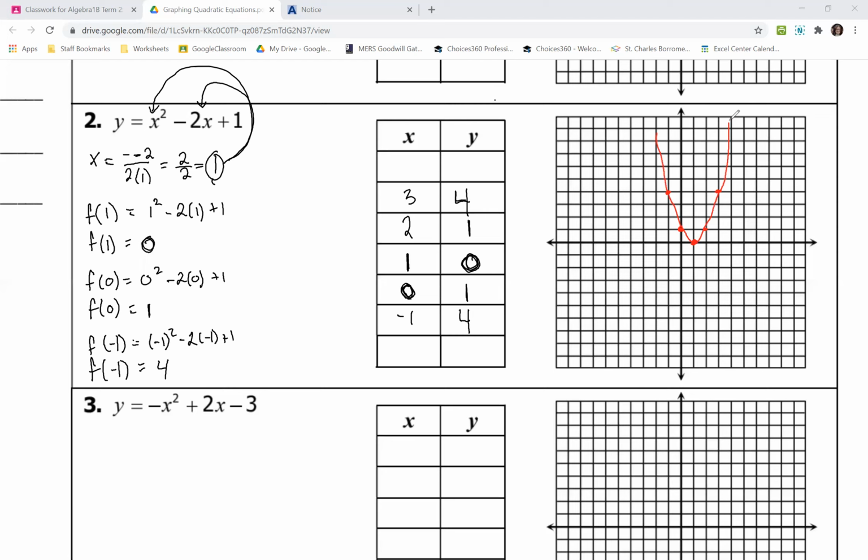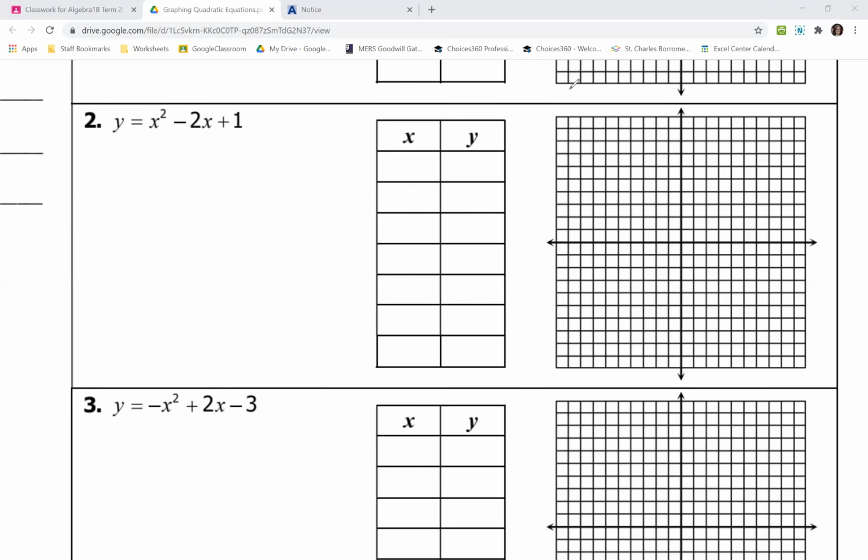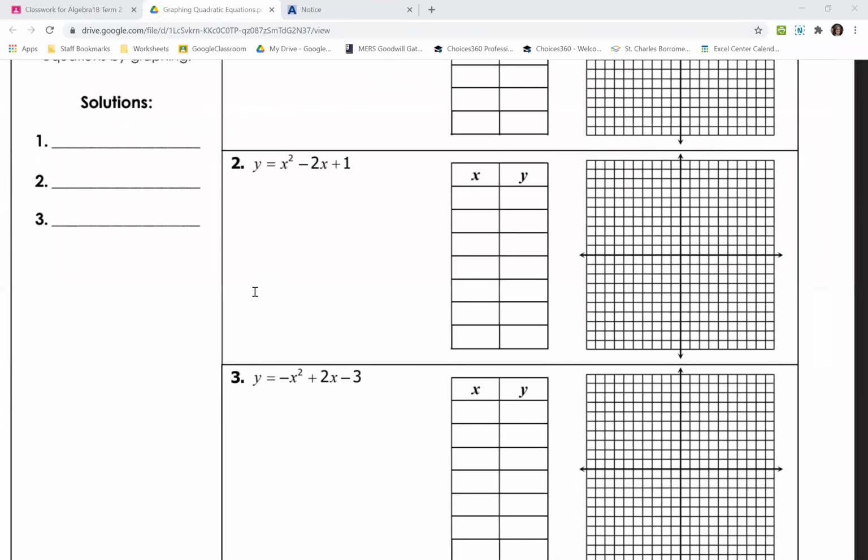The solution is where it intercepts the x-axis. So in this one, we only have one solution, and it's at x equals 1. So my solutions here are x equals 1. All right, let's do the very last one on this page.